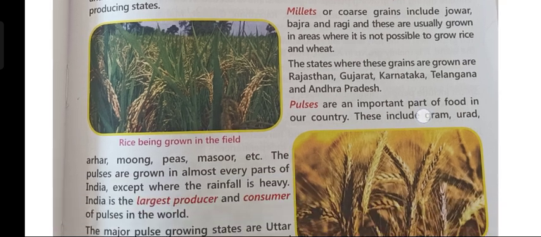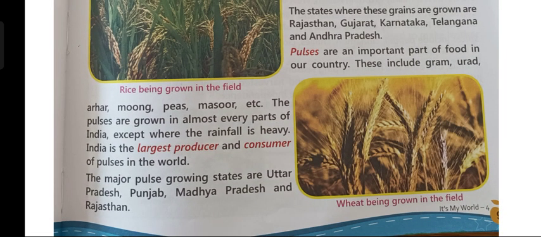Now, the last food crop is pulses. Pulses are an important part of food in our country. These include gram, urad, arhar, moong, peas, masoor, etc. The pulses are grown in almost every part of India except where the rainfall is heavy. India is the largest producer and consumer of pulses in the world.